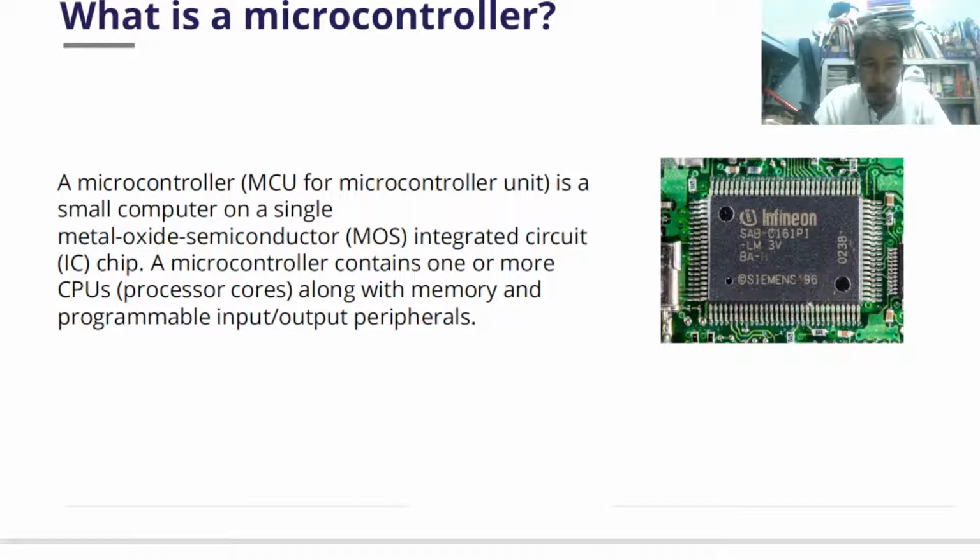The microcontroller contains one or more CPUs, meaning there are one or more processor cores inside, along with memory and programmable I/O peripherals, all in one unit. That is the difference between a microprocessor and a microcontroller. Okay, so let's go on further.